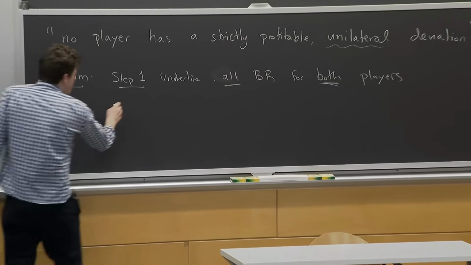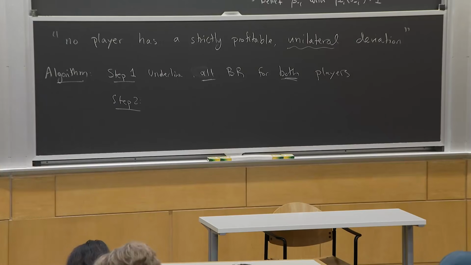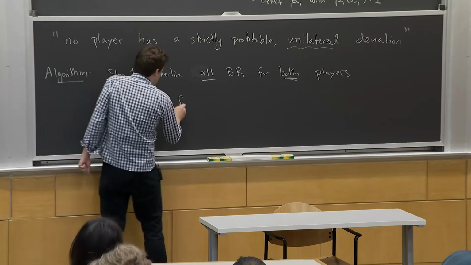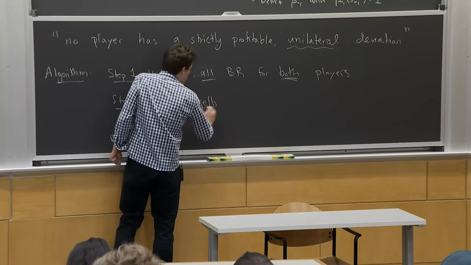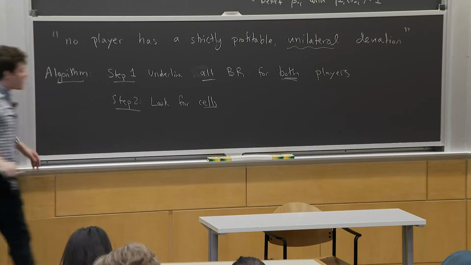Then step two is you just check which cells, or which boxes in the matrix, have both numbers underlined. What is a cell? Well, a cell in this context is just a strategy profile. So let's remember that.